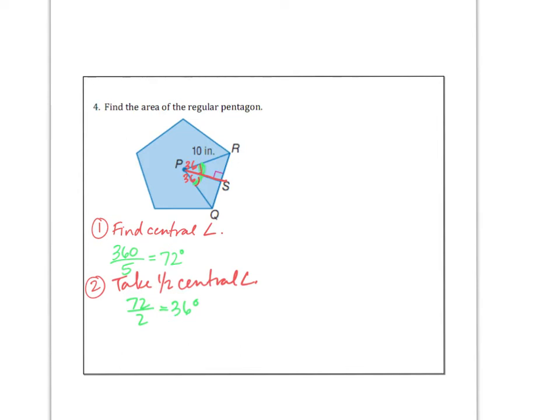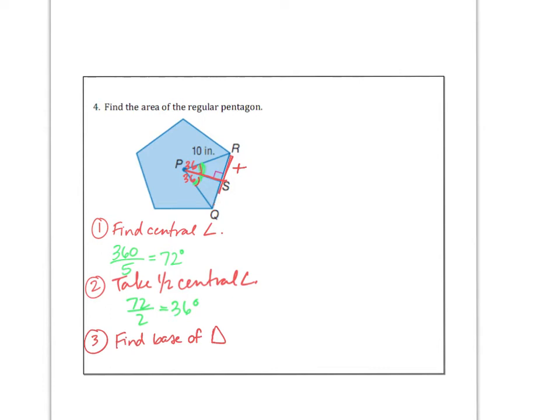All right, step number 3 is you're going to find the base of the triangle. Our base of the triangle is going to be the distance from R to Q. So we have to try to find the base of the bigger triangle, triangle PRQ. What I was thinking is maybe we could find just half of it to start with.